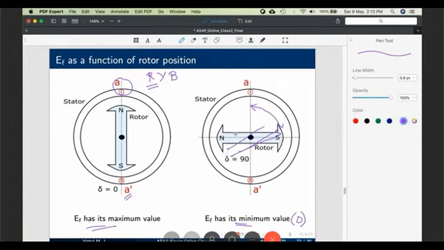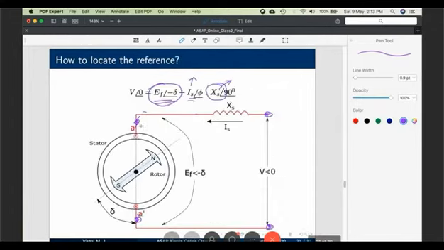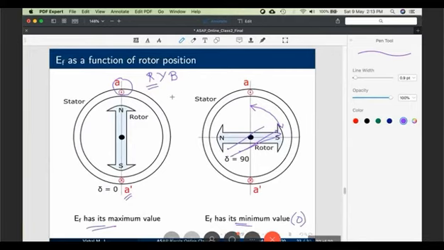Clear? So remember, we cannot measure EF directly. We cannot calculate EF directly, but we have to obtain the position of EF to synthesize the voltage accordingly. According to that means we have to synthesize voltage 90 degree displaced with respect to EF. So we have to know EF, then only we can realize the voltage vector from the inverter.